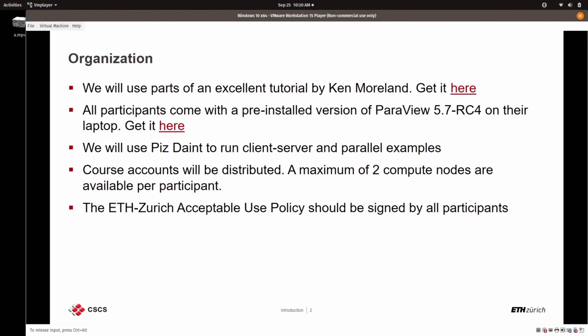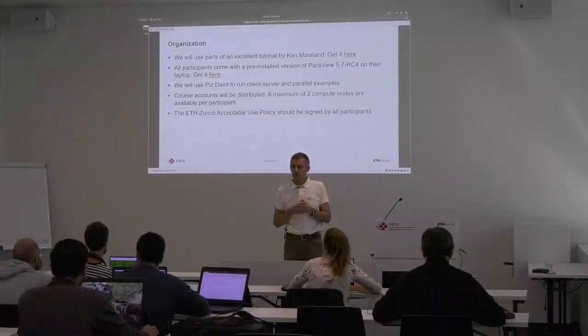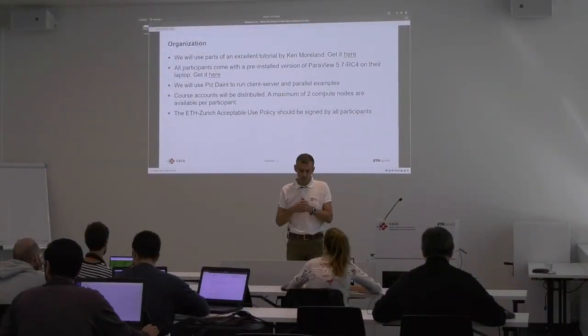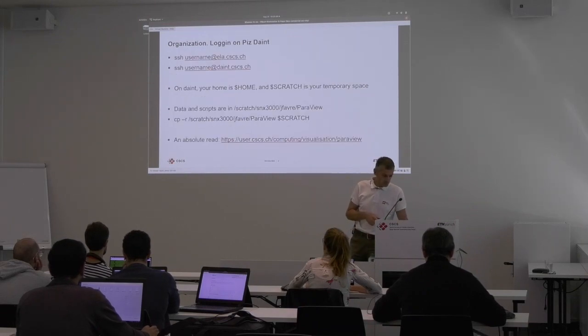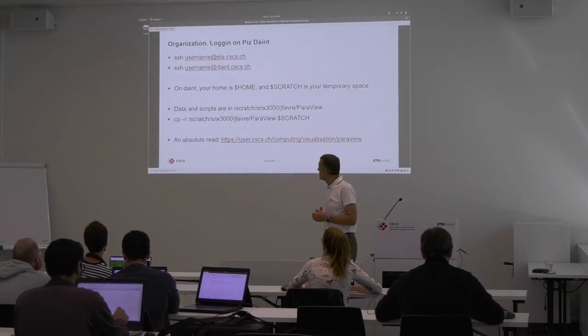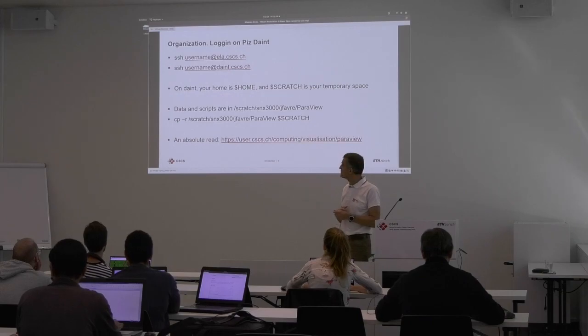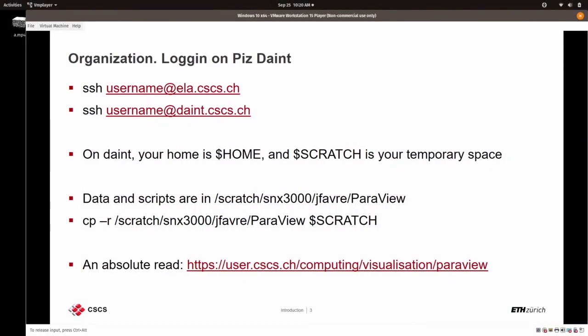There's an ETH Zurich acceptable use policy that should have been signed by each of you, and you have received an account and a password to go along with the exercise. Log in on Piz Daint. You go through the front end called ela.cscs.ch. Use your own username, of course.